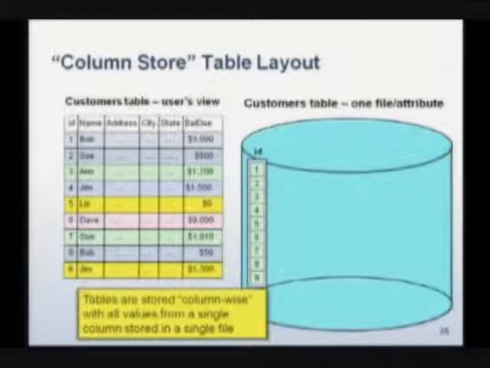I'm going to store all the values in the first column in a file by itself. Here you see I've taken the ID column, and instead of slicing the table horizontally and packing stuff on pages, I'm going to slice it vertically and pack every column tightly on pages in the database, and then put them all together in a file.